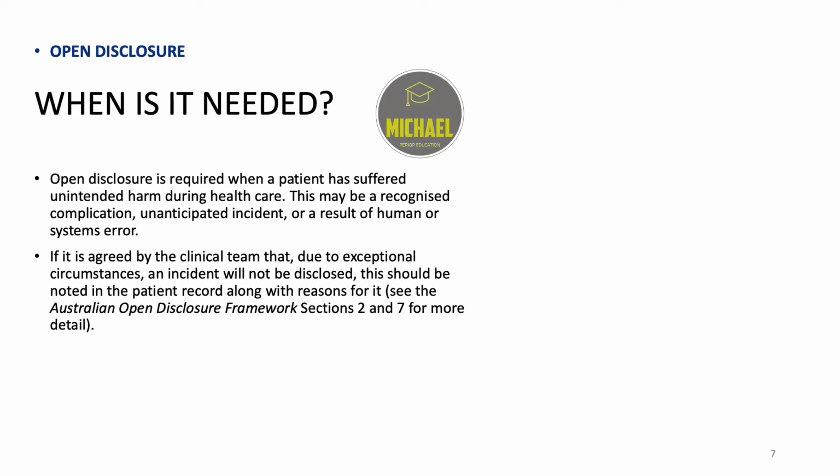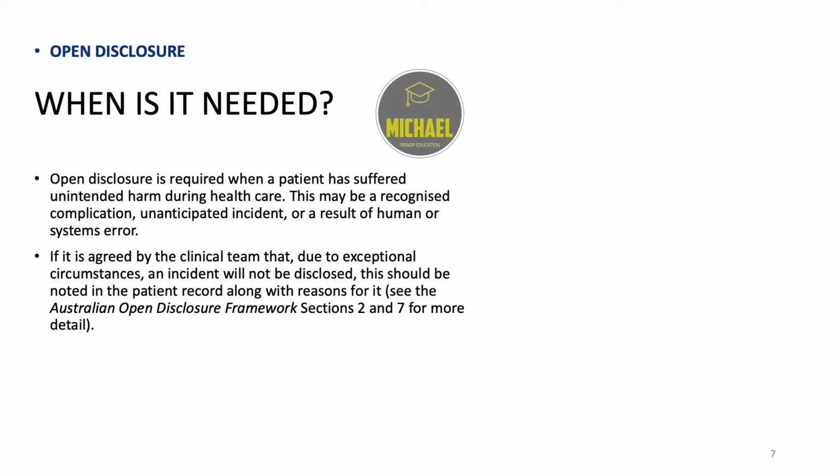So when is it needed? Open disclosure is required when a patient has suffered unintended harm during healthcare. This may be a recognized complication or an unanticipated incident or a result of human or system error.